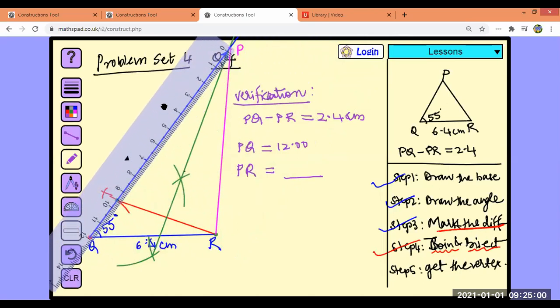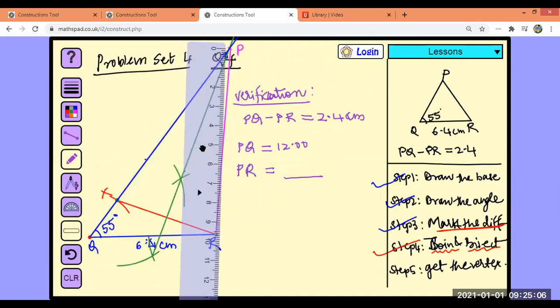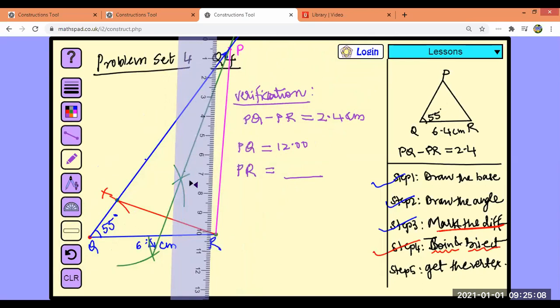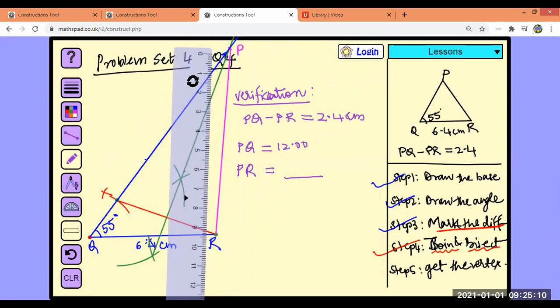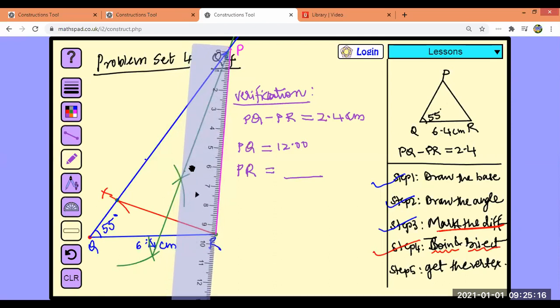So place the point 0 anywhere, maybe on P, or you can place it on R. And now we are just trying to measure it using the ruler. So here on point P it's 0, point R shows 9.6.